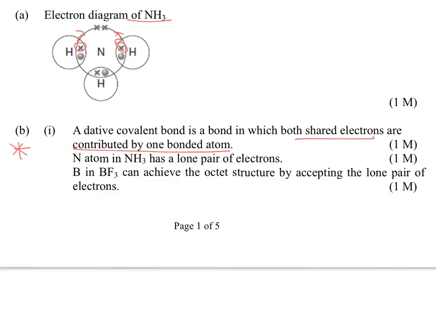But you need to know the definition of dative covalent bond, which is that the lone pair electrons of N will donate to boron to achieve an octet structure. What does that mean? Now I write it on top of this answer. For nitrogen, there will be a lone pair of electrons here, and of course the other electrons are bonding with hydrogen atoms.